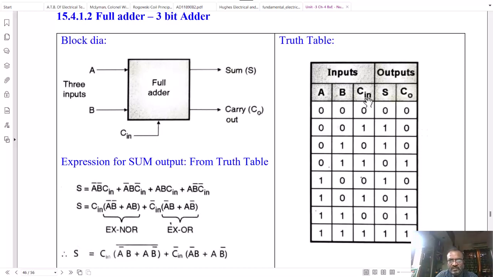Let us see the truth table now. We have three inputs A, B and C. We call C input as C in, because in addition normally this is the carry from the previous column. Or simply consider it as a third bit. And two outputs, we have sum as S and C0 as carry.